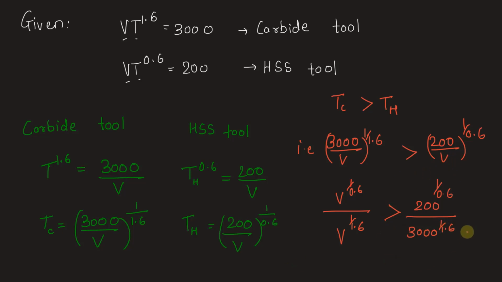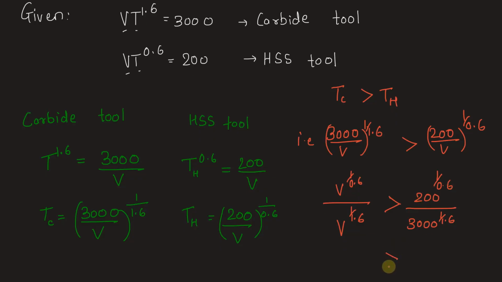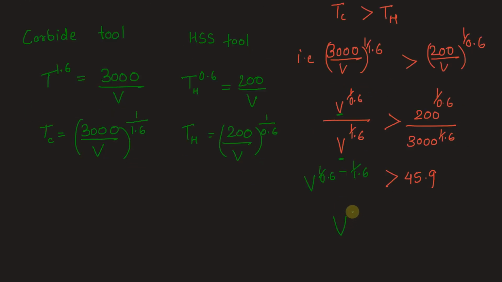Now this can be directly calculated in the digital calculator. This comes out to be 45.9. So on the right hand side we have 45.9, while on the left hand side we can subtract the powers of V, because the base is the same. We take V to the power 1 by 0.6 minus 1 by 1.6. The power of V turns out to be 1.0417.